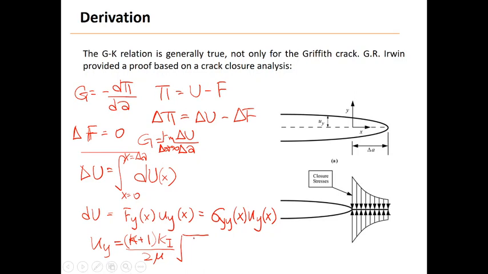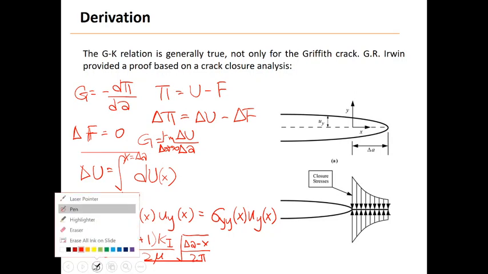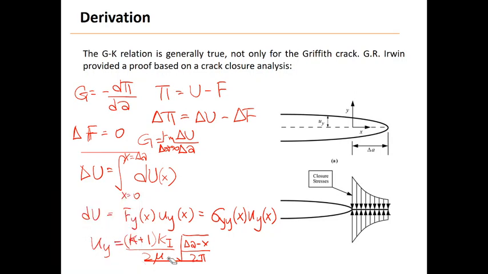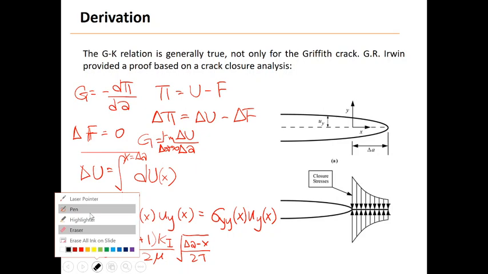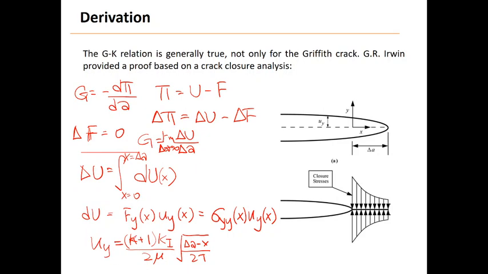Now r is the distance from here to here, so r goes from delta A to minus x, over 2 pi. Okay, this is uy.